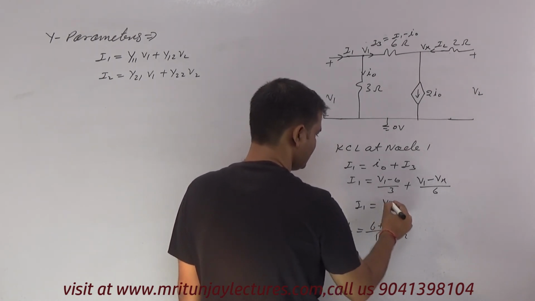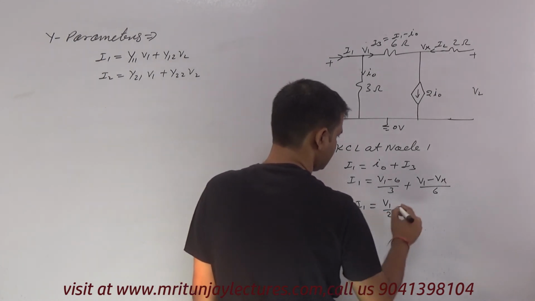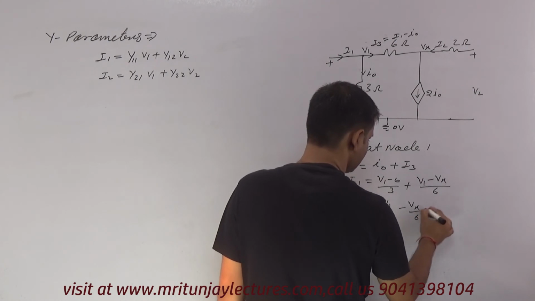So V1 by 2, clear? Minus Vx by 6, that is equation number 1.